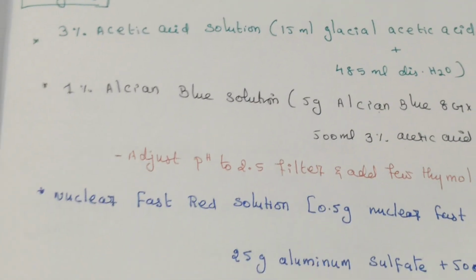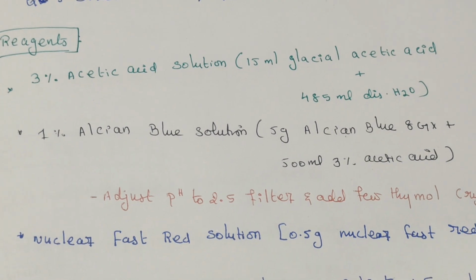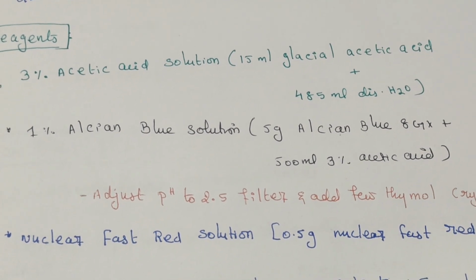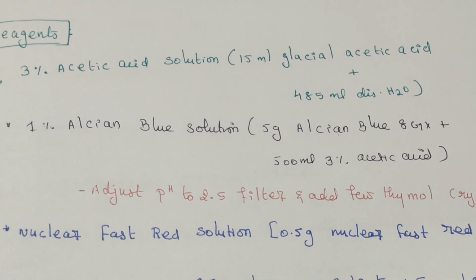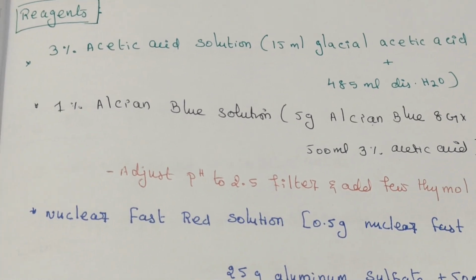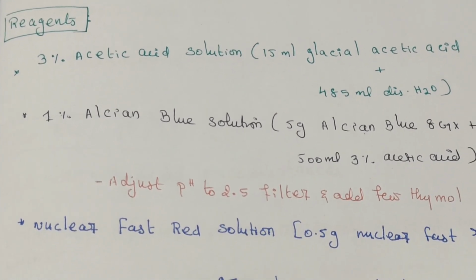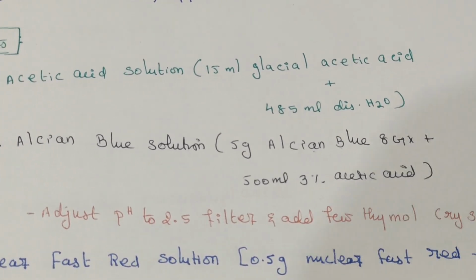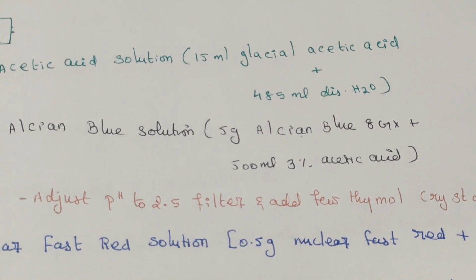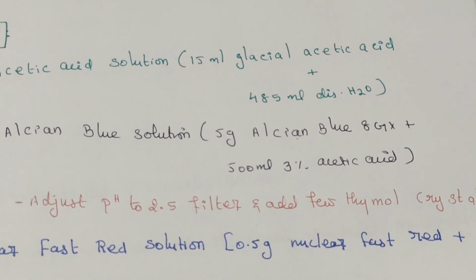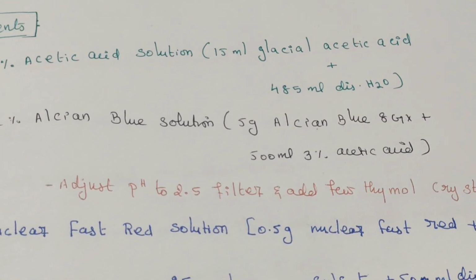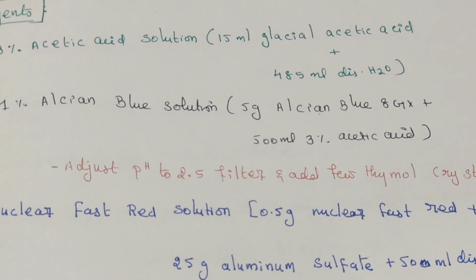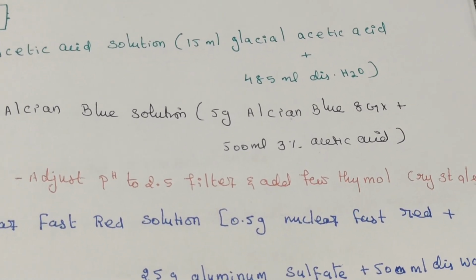The reagents here: we are using 3% acetic acid solution, containing 15 ml of glacial acetic acid and 485 ml of distilled water. Then 1% Alcian blue solution, containing 5 gram of Alcian blue 8GX plus 500 ml of 3% acetic acid, pH 2.5.